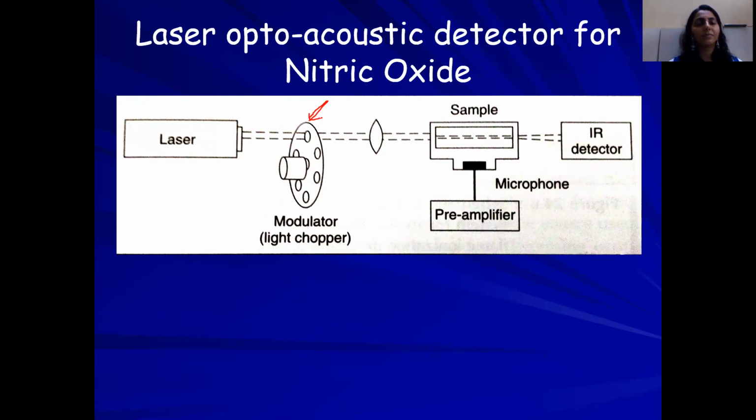Otherwise, both the diagrams are going to work in a similar fashion. They are from two different books, so they are diagrammatically a bit different. Otherwise, their working principle is the same. You have a laser, it excites the sample, it will give out radiations in the infrared, which will be measured.